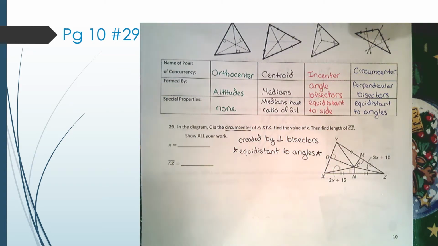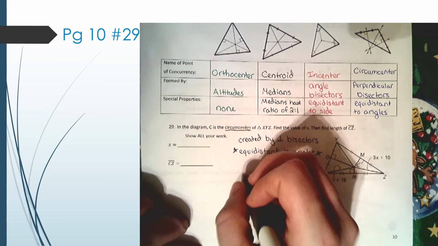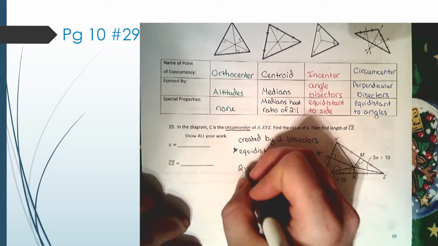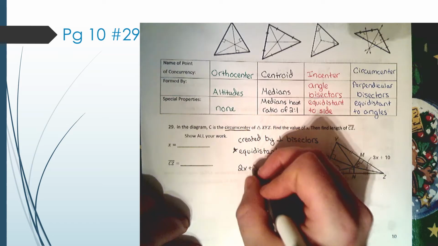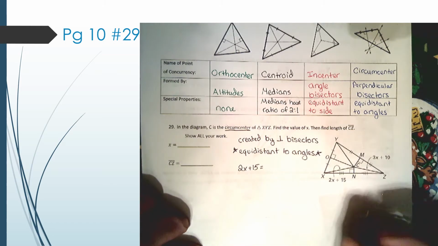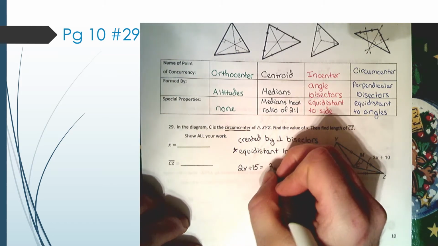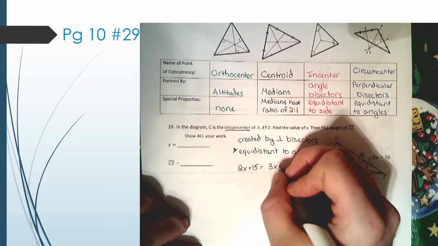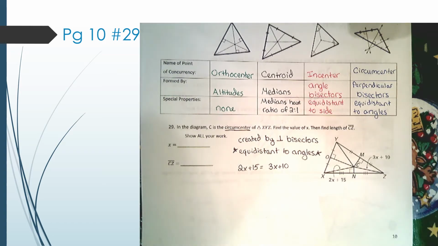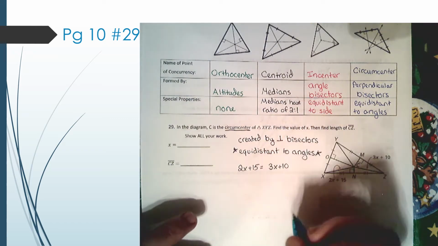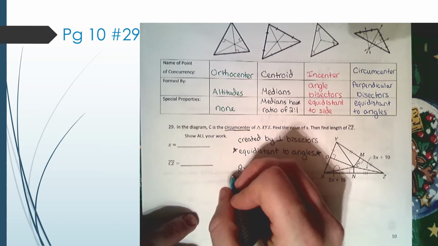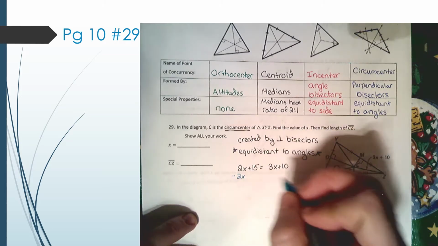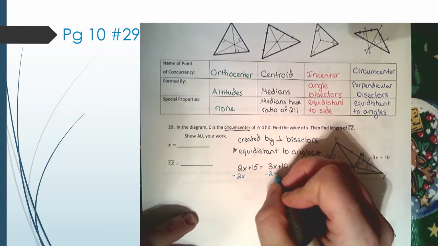So if they're equidistant, that means they are equal. So you are dealing with 2x plus 15 should be equal to 3x plus 10 because they are equidistant to each other. So next step, I'm going to try to save some room. What I'm going to do is subtract 2x from both sides.